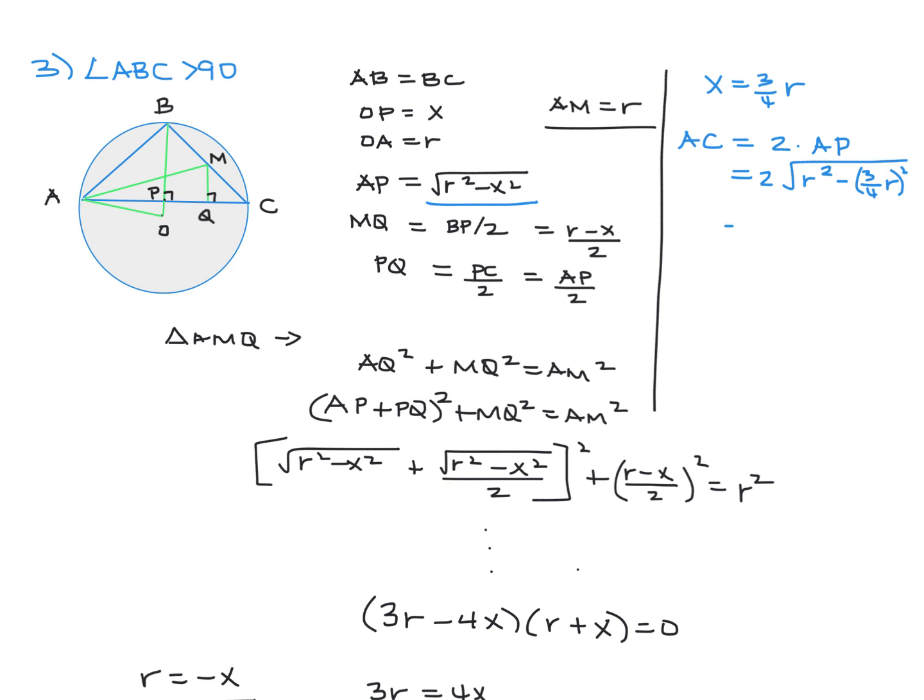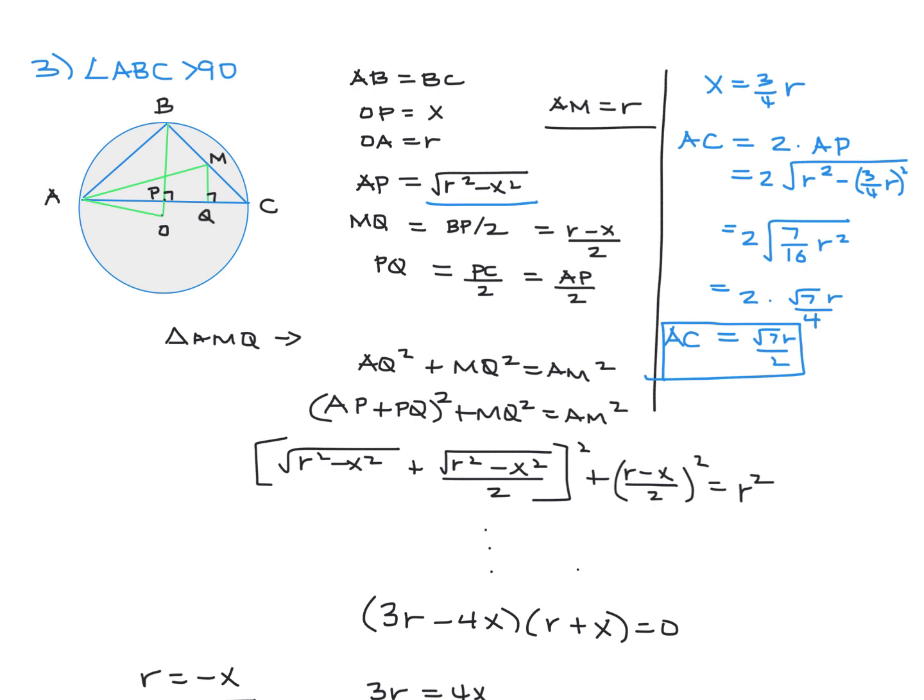Is that right? So 7 over 16 R squared, all under the square root sign. So that's going to be 2 times root 7 R over 4. So that's going to be root 7 R over 2. So that's AC. Okay. So we got one value.